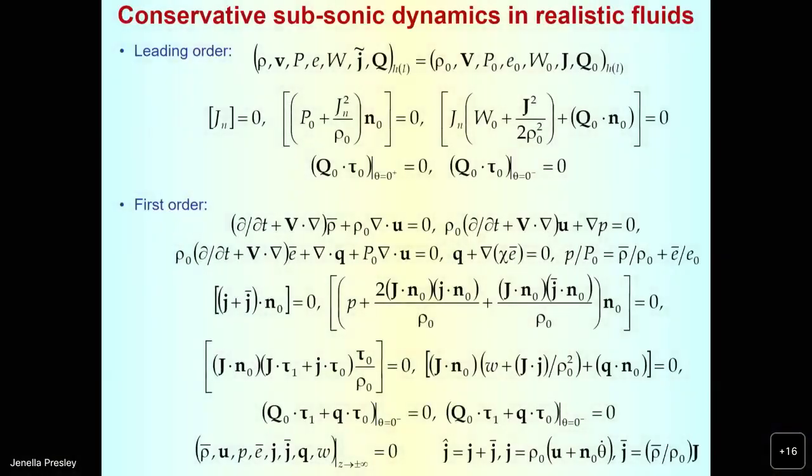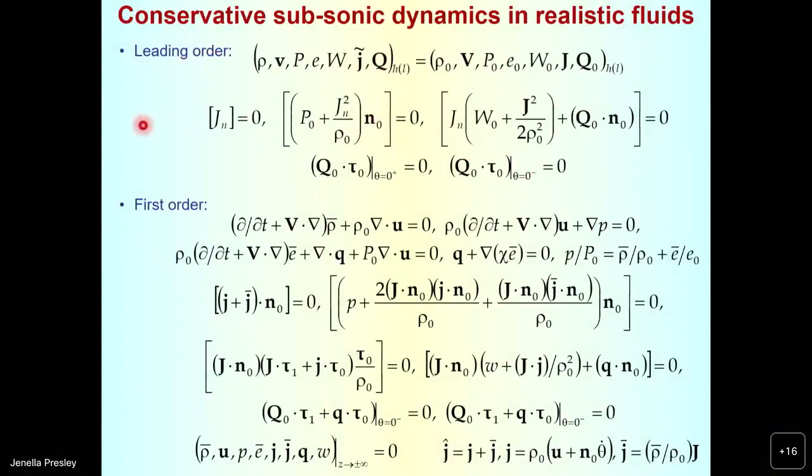Now we would like to consider realistic fluids, and I would like to repeat the same sort of exercise. Presuming that we have a subsonic conservative dynamics in realistic fluids, we again make our leading order expansions. So we have thermal conductivity, which is described by the characteristic Q, which is heat flux.